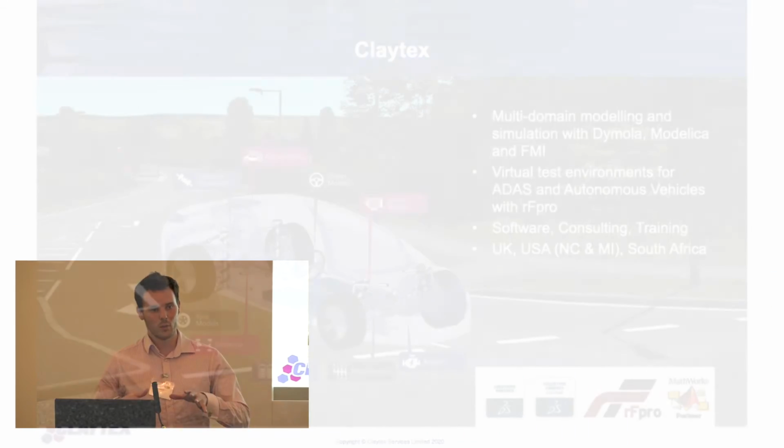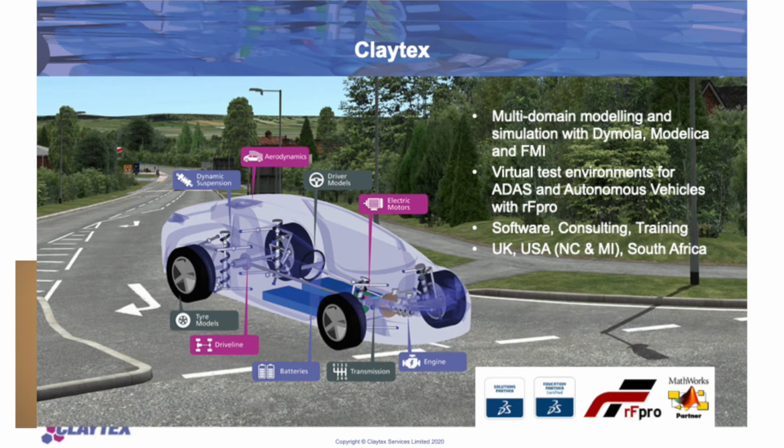I'll start with a brief introduction to what we do in the context in which we develop those radars. So Claytex, we are working in simulation and modeling of complex systems. So we're using the picture you can see here, Dymola and Modelica, in order to simulate complex systems and understand how they interact.